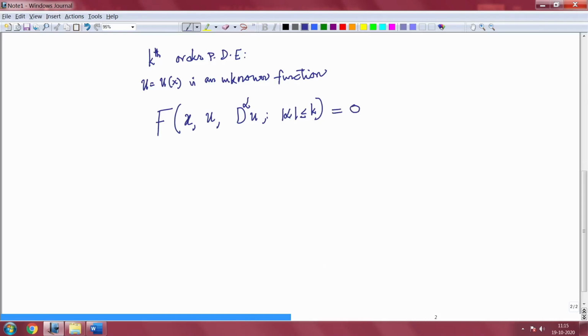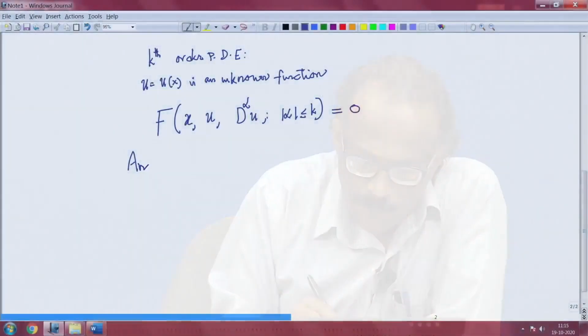We can also write it in a slightly different way. There will be certain terms in f which will not have the unknown. These are called the non-homogeneous terms, so collect all the non-homogeneous terms and put them on the right hand side.